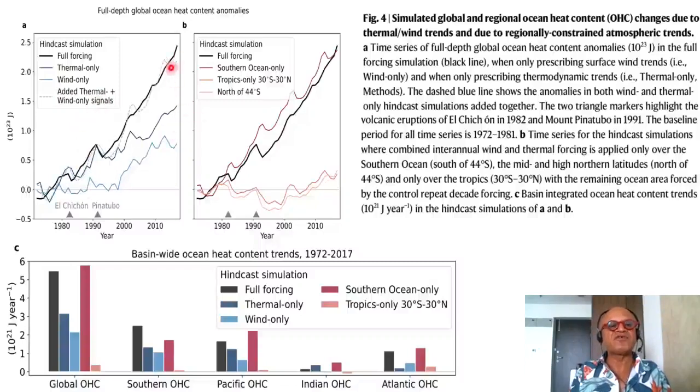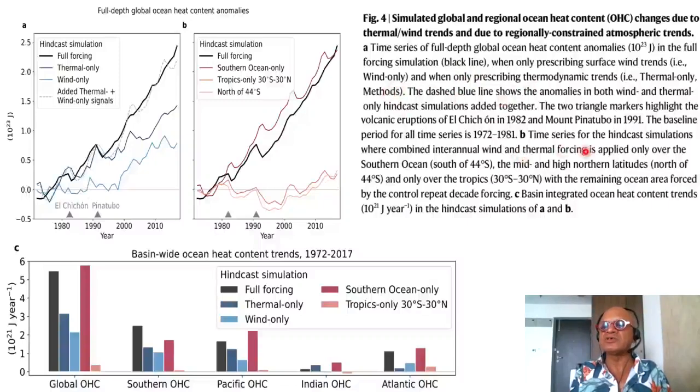You expect some differences because the two are not linearly additive in that sense, and these are the hindcast simulations again for full forcing. So this is the full depth ocean heat content anomalies, and A is the time series of full depth global ocean heat content anomalies in the full forcing simulation when only prescribing surface winds and only prescribing thermodynamics and so on.